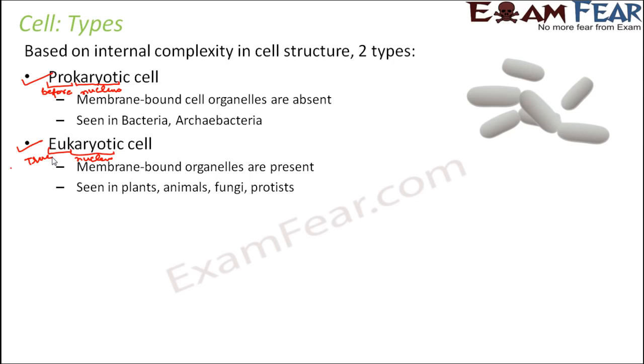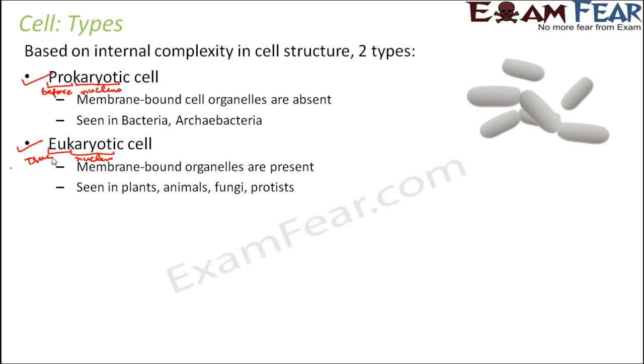Now we will talk about the structure of each of them. Since the eukaryotic cell is going to be more complex because you have specific cell organelles, we have to talk about each of the cell organelles, their structure, their function. So we'll talk about eukaryotic cells first, and once you know the entire structure of the eukaryotic cell, the prokaryotic cell will be very simple.